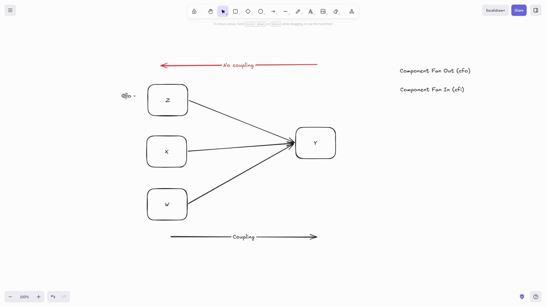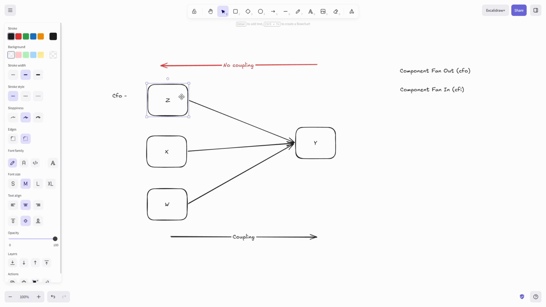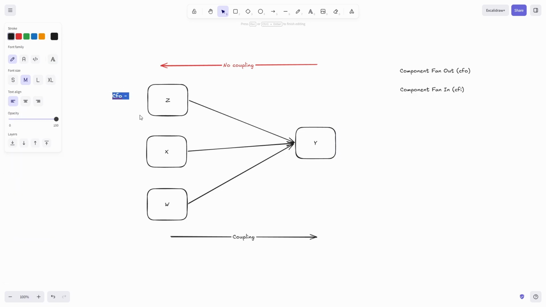Okay. So the fan-out is when a component points to another component. In this case, Z points to Y. So the fan-out is 1. But CFI here is 0 because no one is pointing to Z, and this is the same for this one here and for this one.